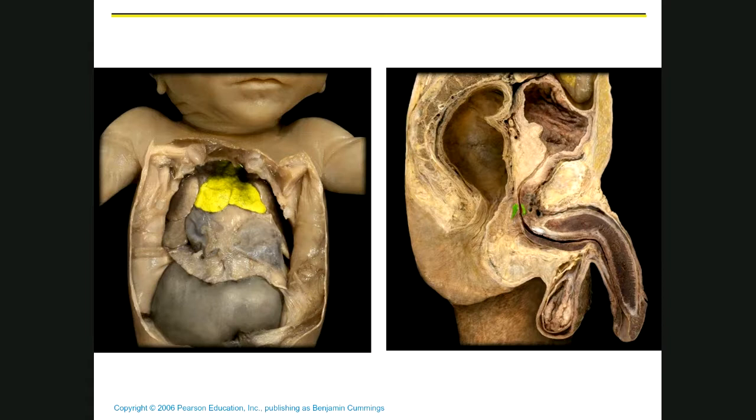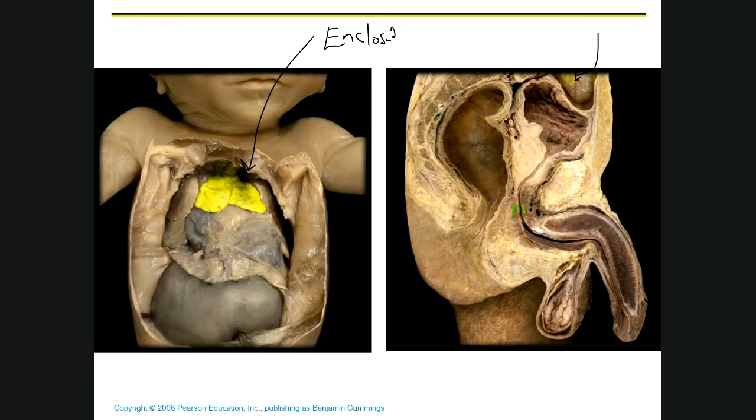If you look here, you can see one. This cavity is where the stomach and the intestines and lungs and stuff like that are. There's no way to get in there unless you open up the body wall. So this is one of those enclosed cavities. This is also an enclosed cavity right here.